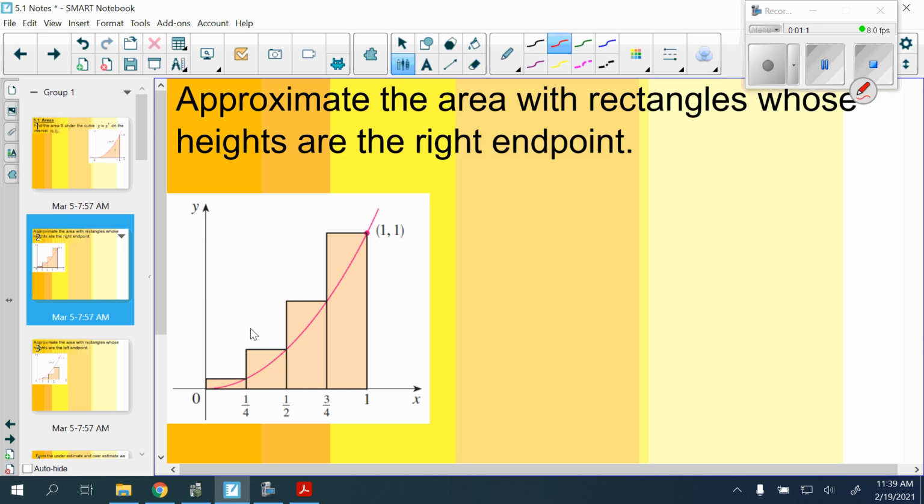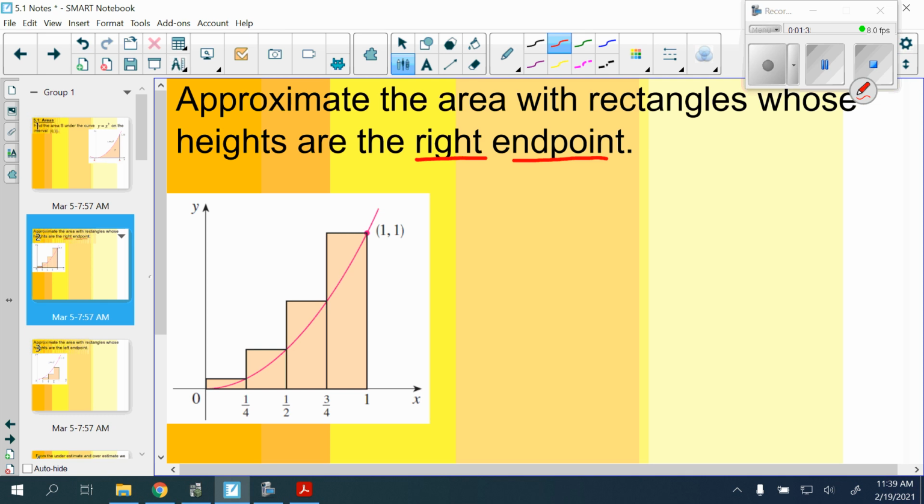So we're going to use 4 rectangles here. And what we're going to do is estimate each one by using the right endpoint of each rectangle as the height of the rectangle. So when we're doing this, the first thing we want, well, to find area of a rectangle, we need what's the length of the width times the height.